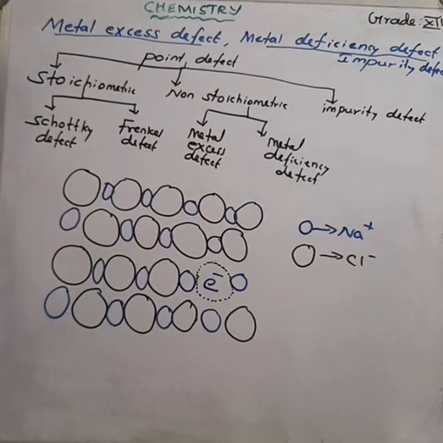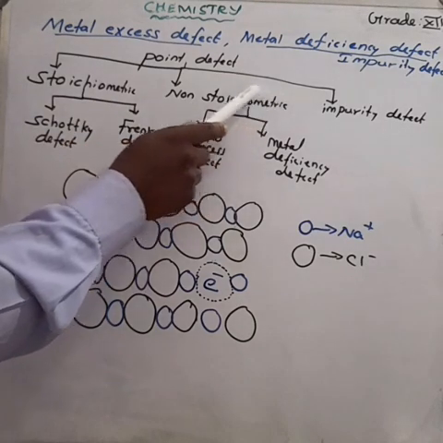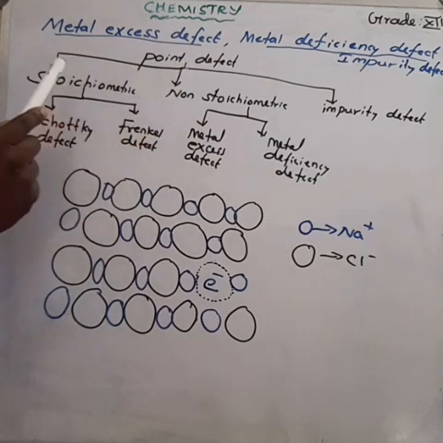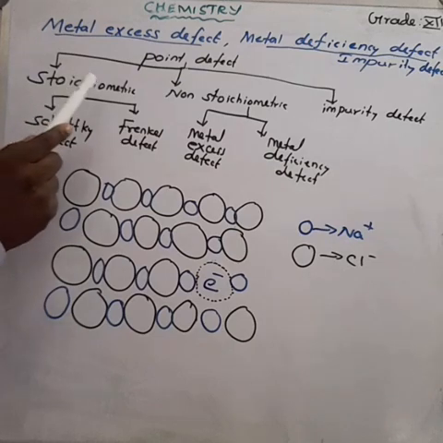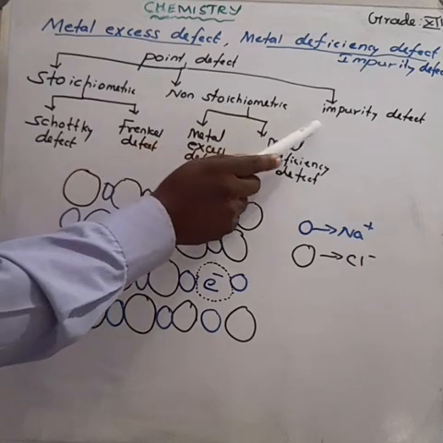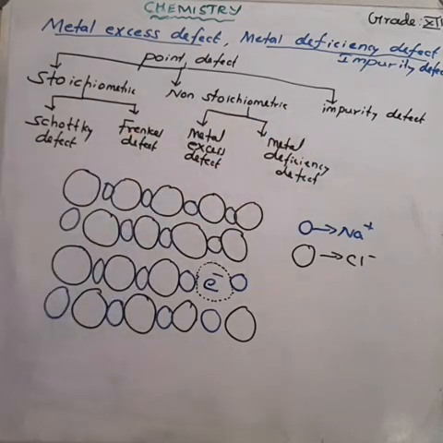Today we are going to discuss the non-stoichiometric defect. Last class we discussed the stoichiometric defect. We know the point defect can be classified into three types. One is the stoichiometric defect, the second is the non-stoichiometric defect, and the third is the impurity defect.